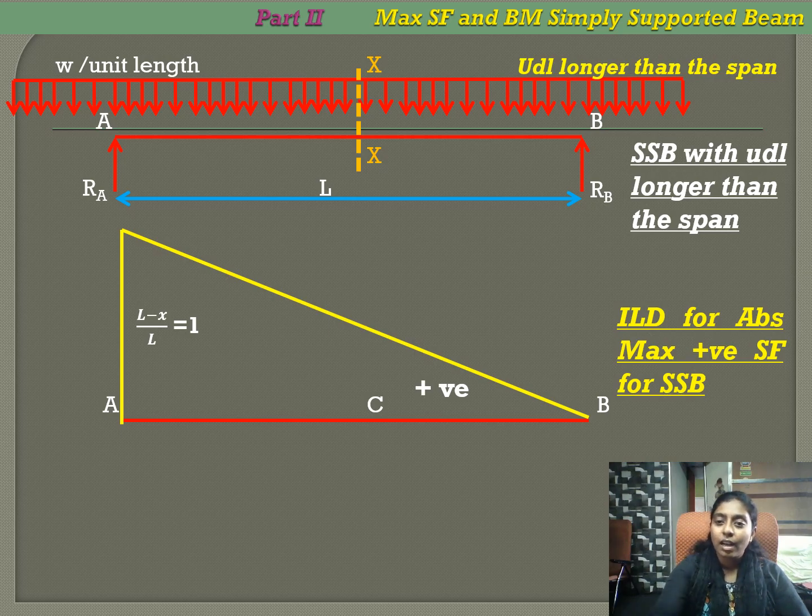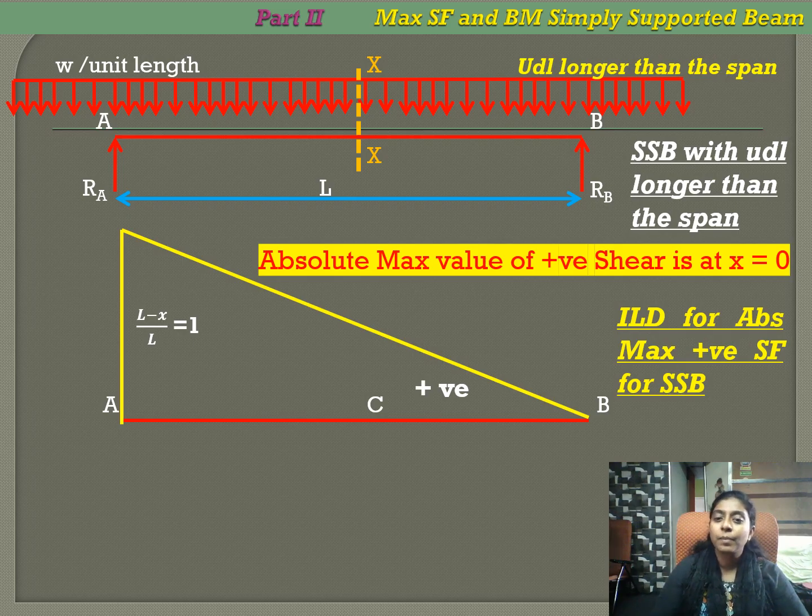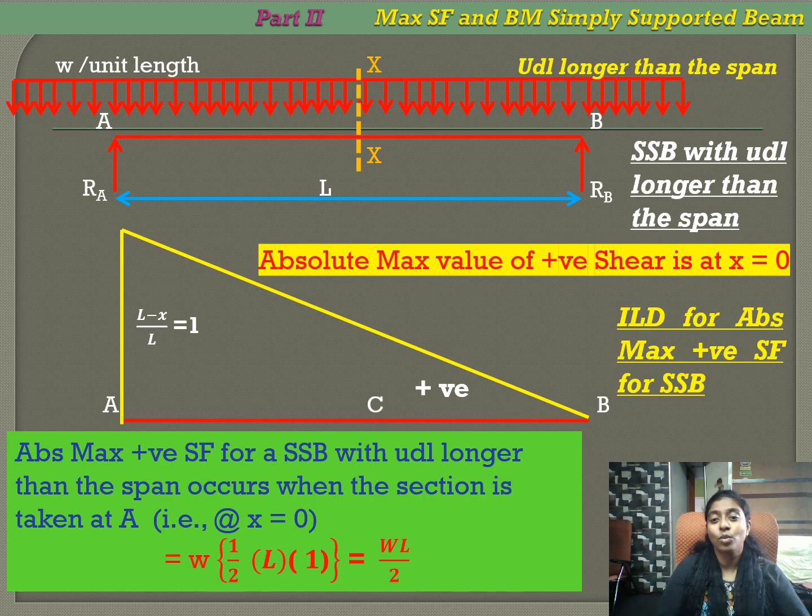So the value for the maximum positive absolute shear force anywhere on the simply supported beam is at A and it is equal to the load multiplied by the area under the load. So we get WL by 2.